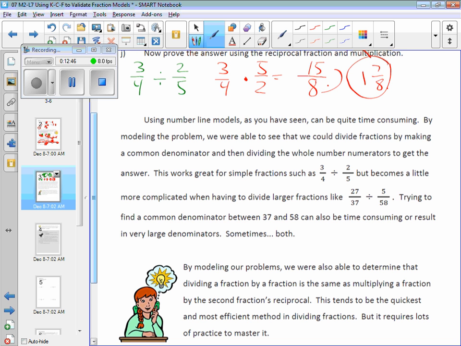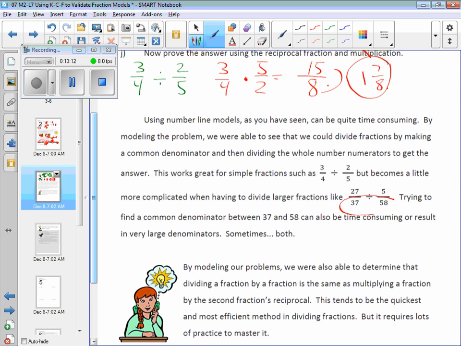By modeling the problem, we were able to see that we could divide fractions by making a common denominator and dividing the whole number numerators to get the answer. This works great for simple fractions such as 3/4 divided by 2/5. But it becomes a little bit more complicated when having to decide when to divide larger fractions. Like, what if you get 27/37 divided by 5/58?